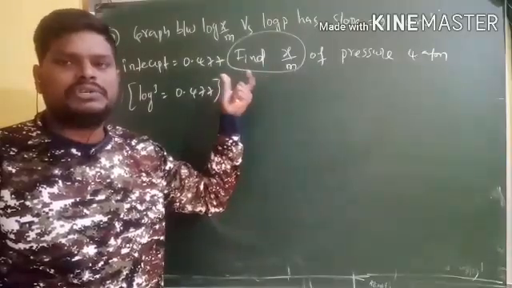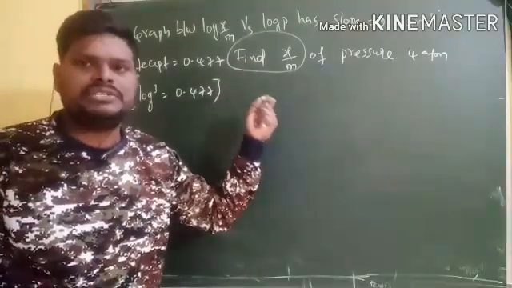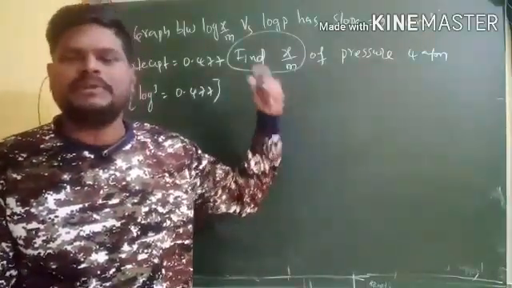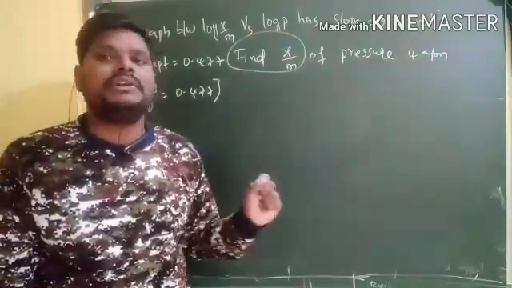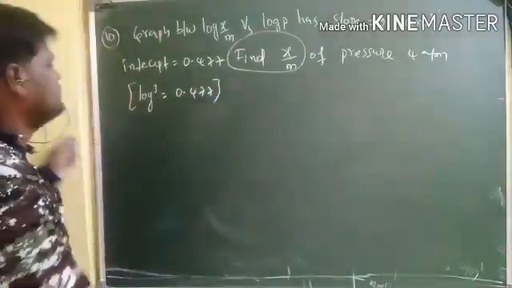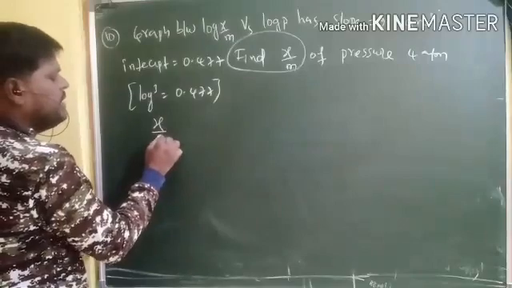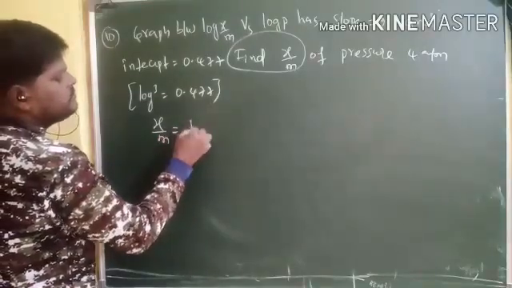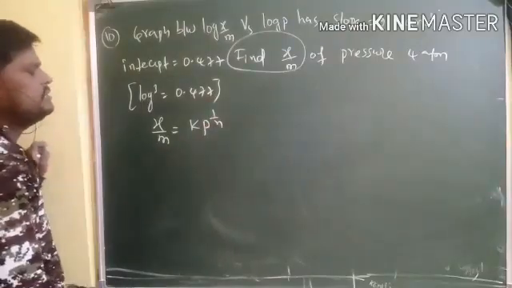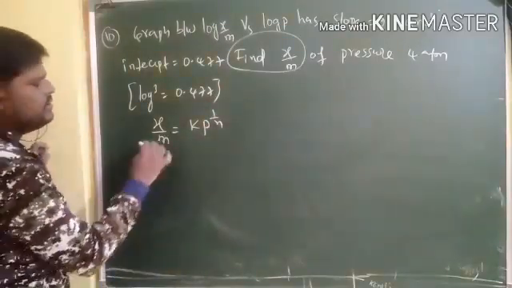This question's concept belongs to the Freundlich adsorption isotherm equation. It is very important. So what is the equation here? x/m is equal to k into p to the power of 1/n. Take the logarithm on both sides.